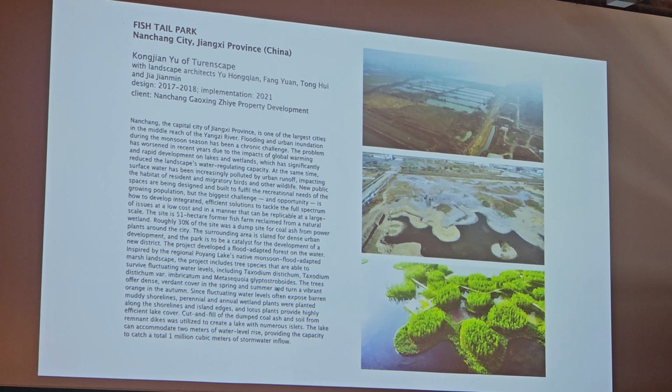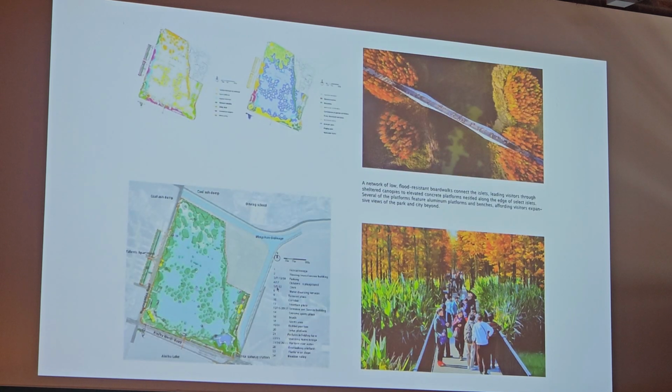So again, here it's looking at a brownfield site, a green site that has been used, abused, and how to rethink it as working in a large city with urban heat island, creating carbon sinks and new public spaces.